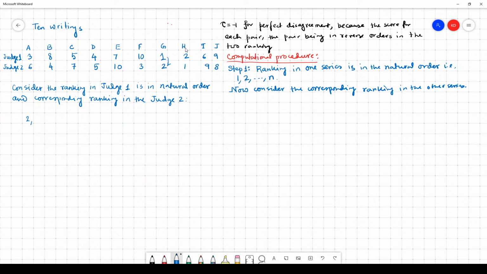Similarly for 2, judge 1 gives rank 2 for individual H and for judge 2 it is 1. So just write 1. So automatically these things are specified. So this 1 means judge 1 gives 2 for this individual, and so on.